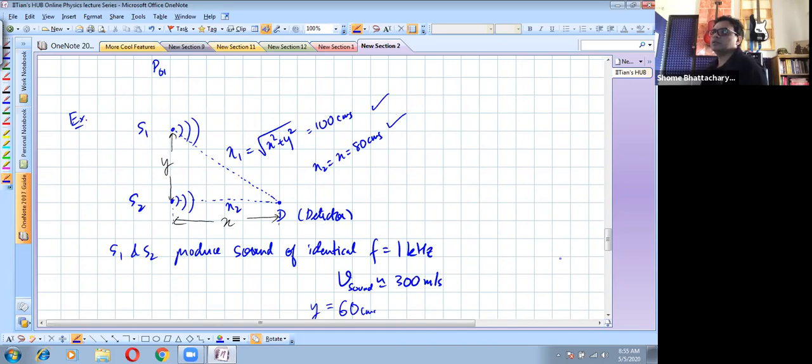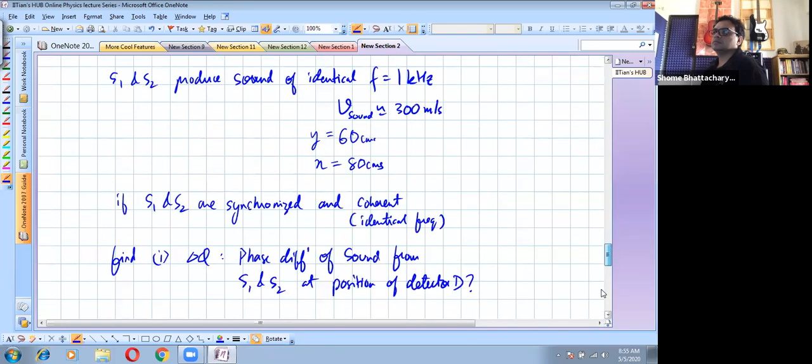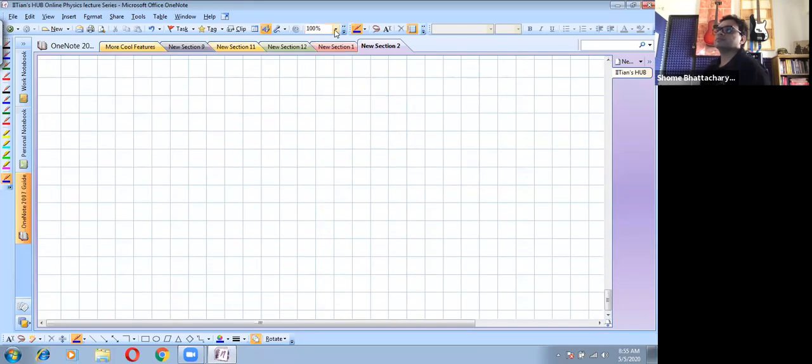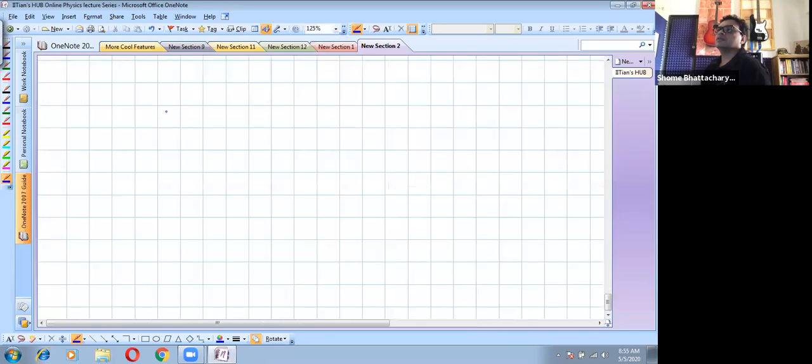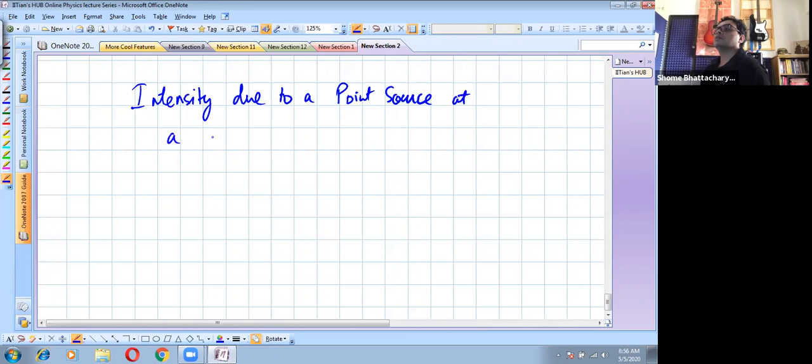Okay, now next we'll talk about the net intensity, and how we relate intensity. Next thing is intensity due to a point source at a distance x from it.